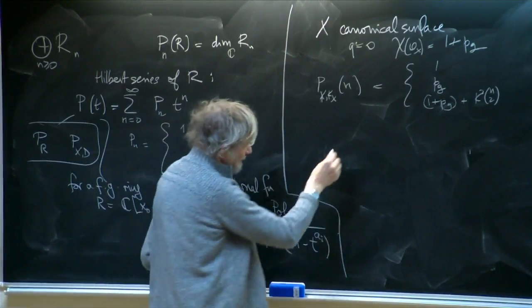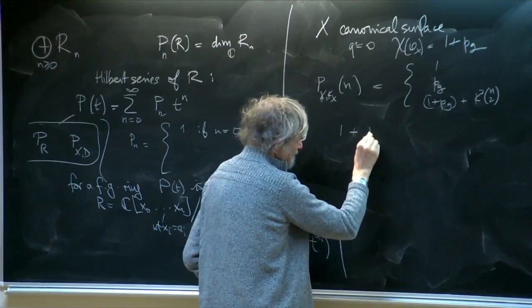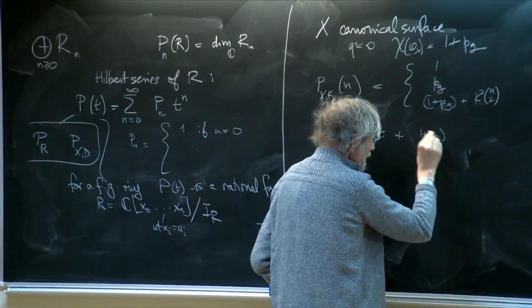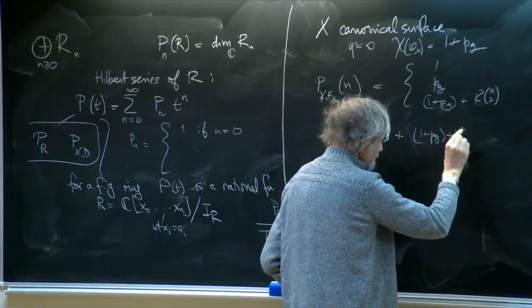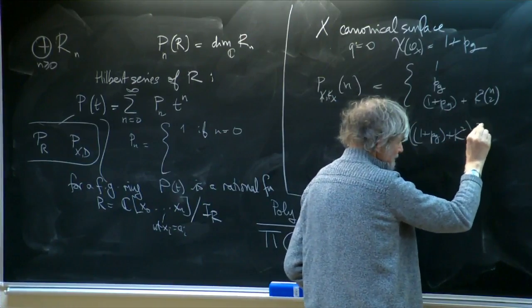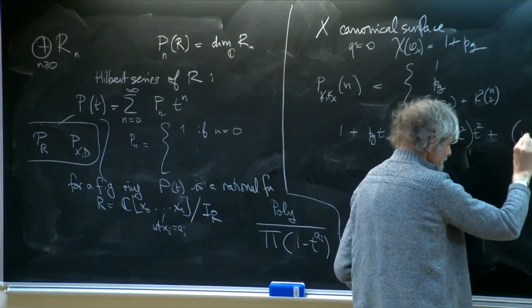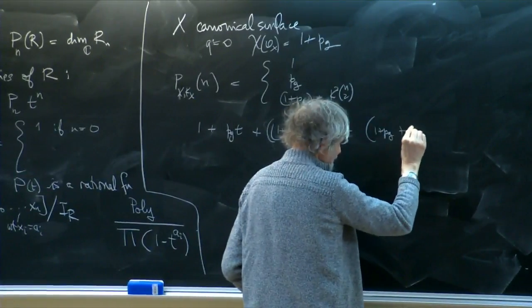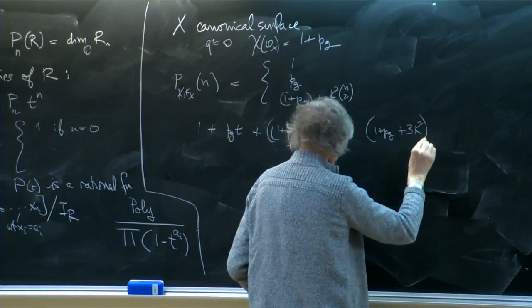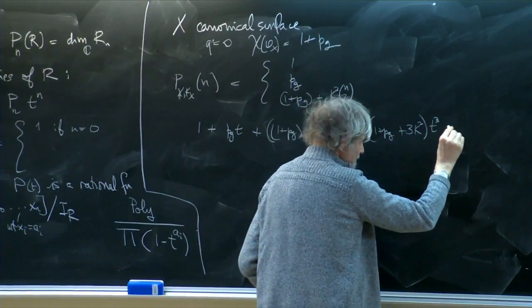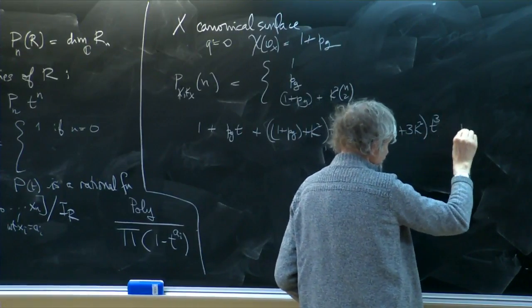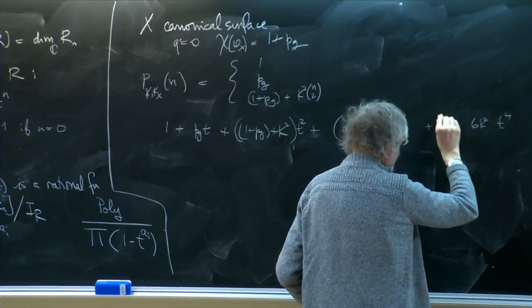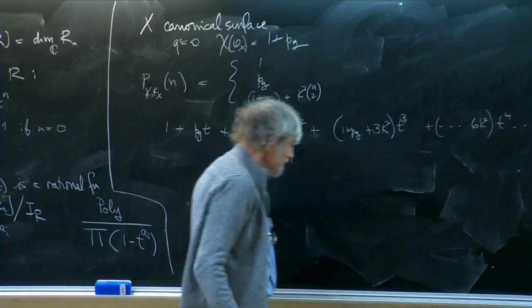So the power series is 1 plus pg t, plus 1 plus pg plus k squared t squared, and then plus 1 plus pg plus 3k squared t cubed, and similarly plus 1 plus pg plus 6k squared t to the 4th, and so on.